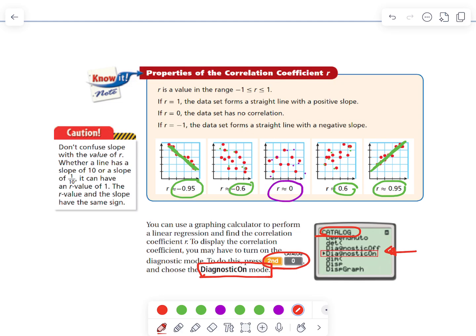We only have to do this once if we're using that same calculator. If we borrow someone else's calculator, you might have to do this again, but just one time, and that's going to be able to get you that correlation coefficient r.